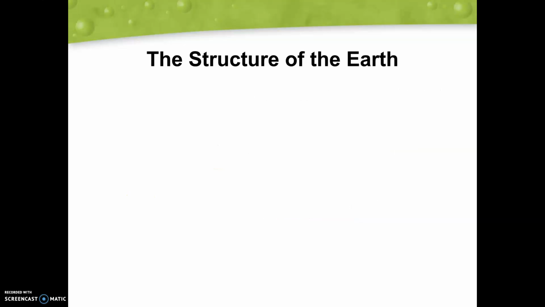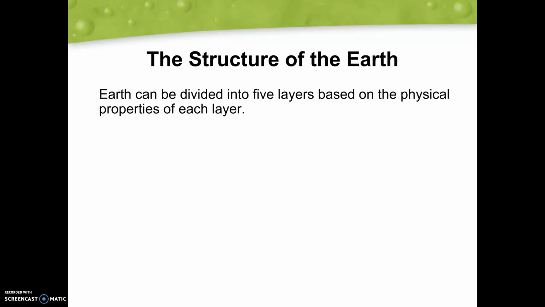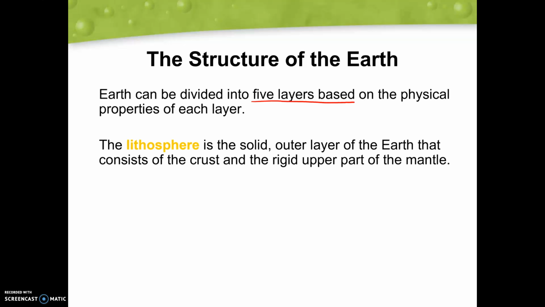So if we take a look, the structure of the Earth can be divided into 5 layers based on physical properties of each layer. Our lithosphere is going to be a solid outer layer of the Earth that consists of the crust and a rigid upper part of our mantle.